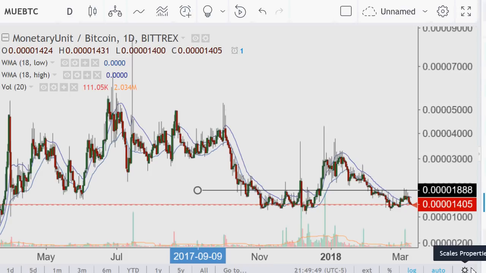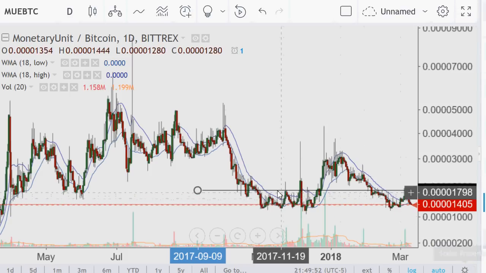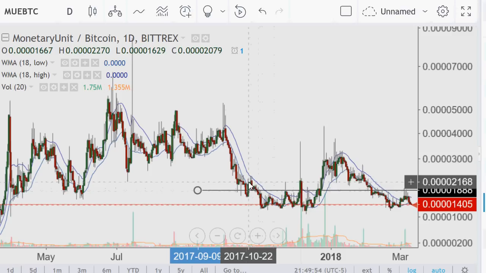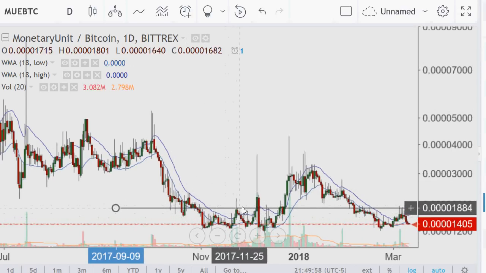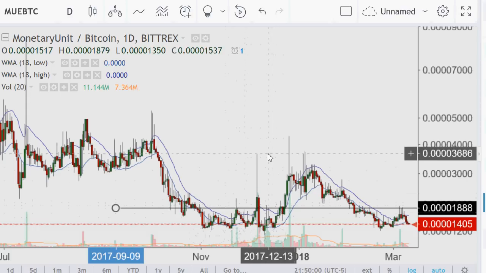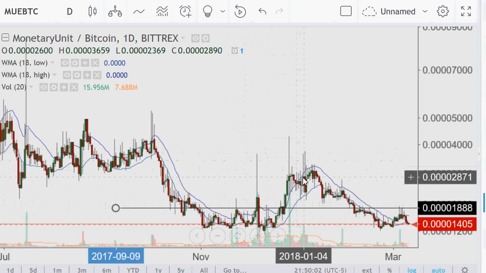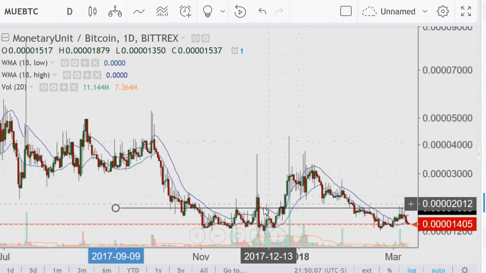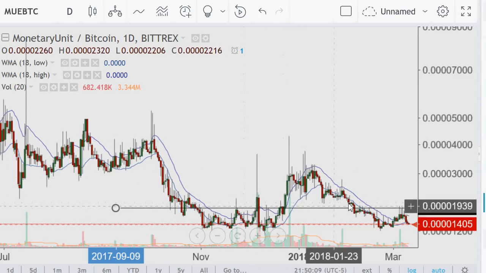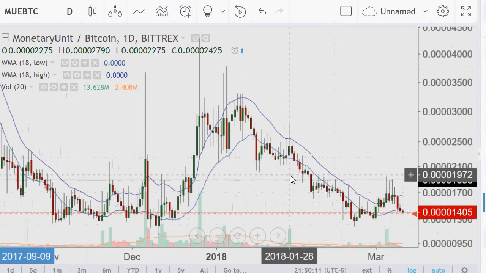Close enough. So at first, this was an area of support, and then it broke below it, resisted it quite heavily. Then it got above this point, but it was unable to really extend further, and you have to hold where you come from. And that didn't occur here.